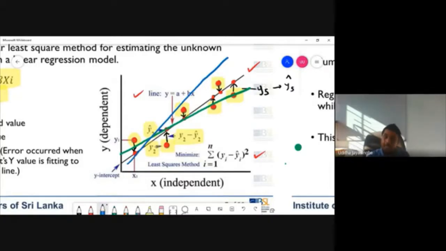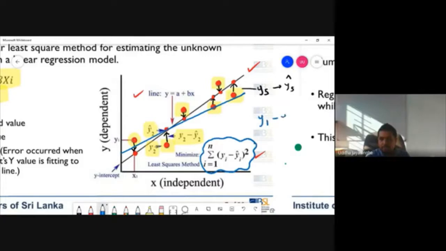But what eventually I'll be doing is that for all these different lines, the black one, the other blue one and the green one, I can do this exercise and find the value of this particular sigma of yi minus y hat i, squared.